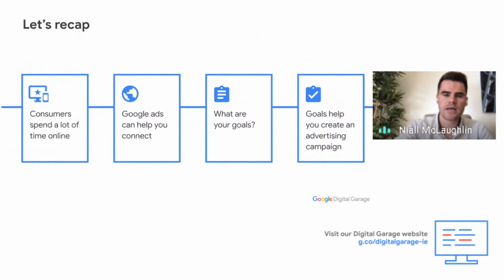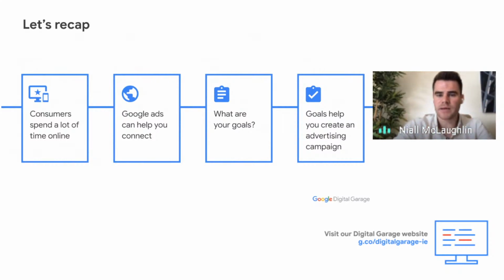So we're going to pause for questions again in a moment. But first, I just want to wrap up some of the main learnings from today. First, we looked at online advertising, and we discussed that to get results, you need to be found online where potential customers can see you, particularly when they're looking in that crucial moment for info about the products and services that you offer. We looked at goals as well.